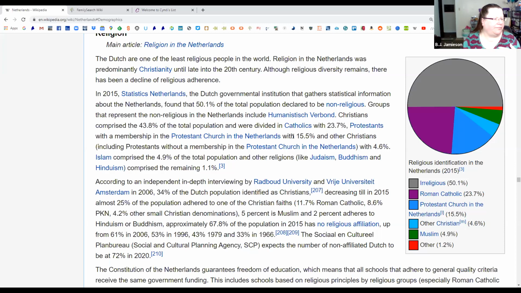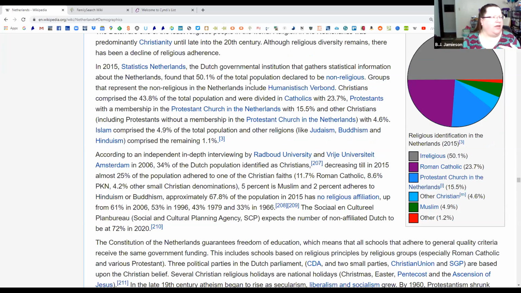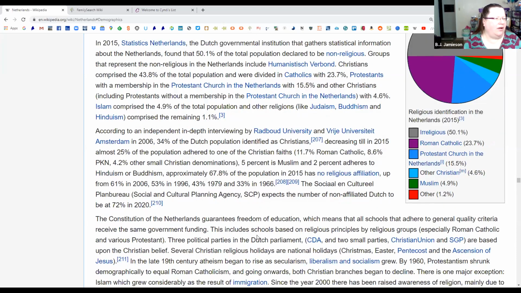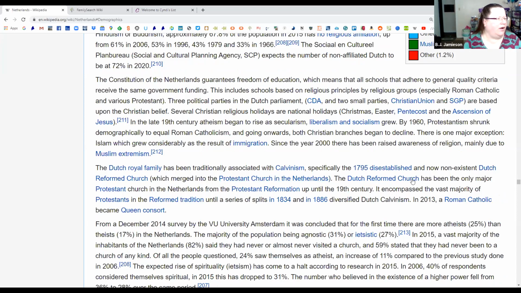And it may give you the name of the established church, which is the Protestant church in the Netherlands. And gives you a little bit of history.